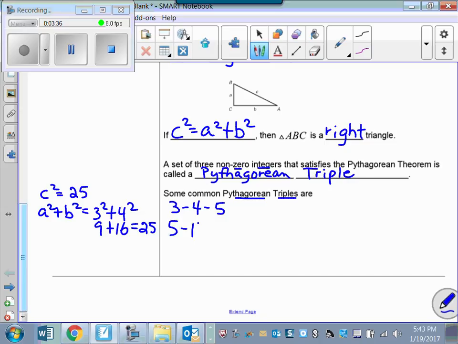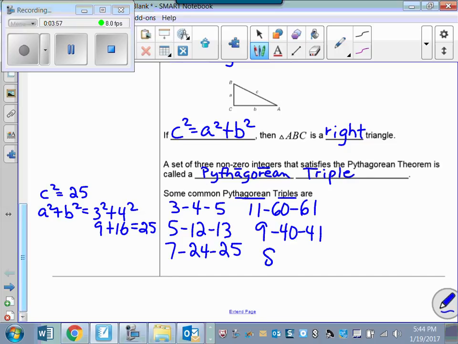We got 5, 12, 13; 7, 24, 25; 11, 60, 61. What have I not got? 9, 40, 41. How about 8, 15, 17? If you'll memorize these, you'll have it made with respect to the Pythagorean triples.